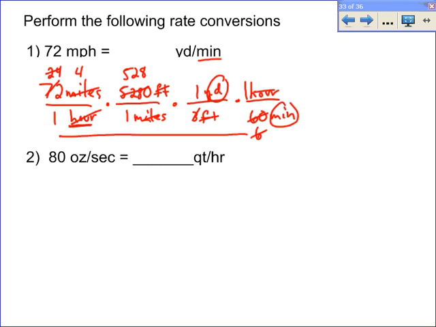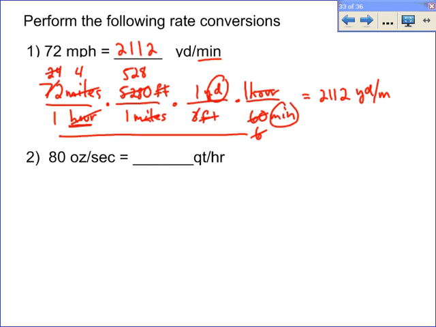And now all I have to do is multiply 4 times 528, which is going to give me 2,112 yards per minute. So the answer is 2,112 yards per minute.